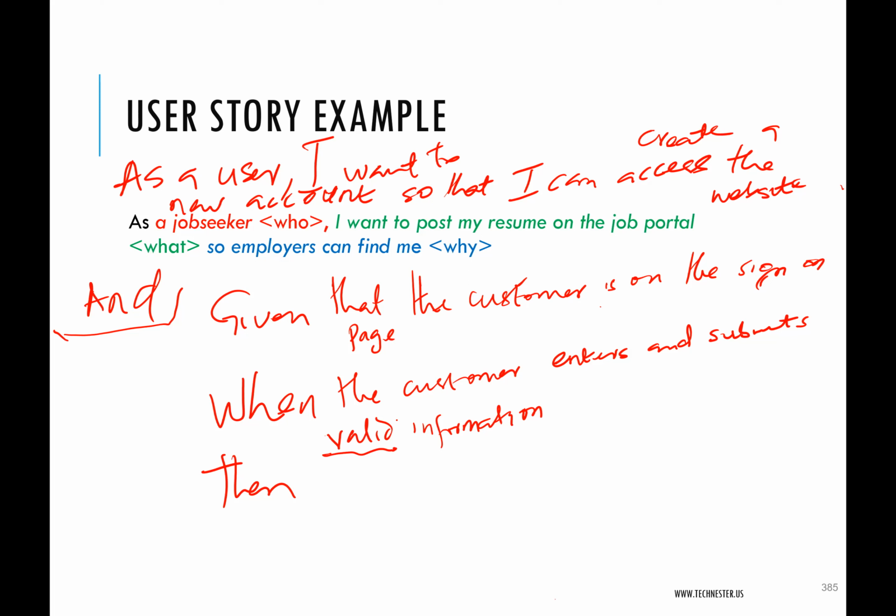So where you say enter email, what if the person just enters nonsense? Where you say enter name, or phone number, what if the person just enters 123? Is your system doing anything? Those are some of the things you want to consider, because what you write is what the developer would do. So when the customer enters and submits valid information, then the person should be allowed to access the website.